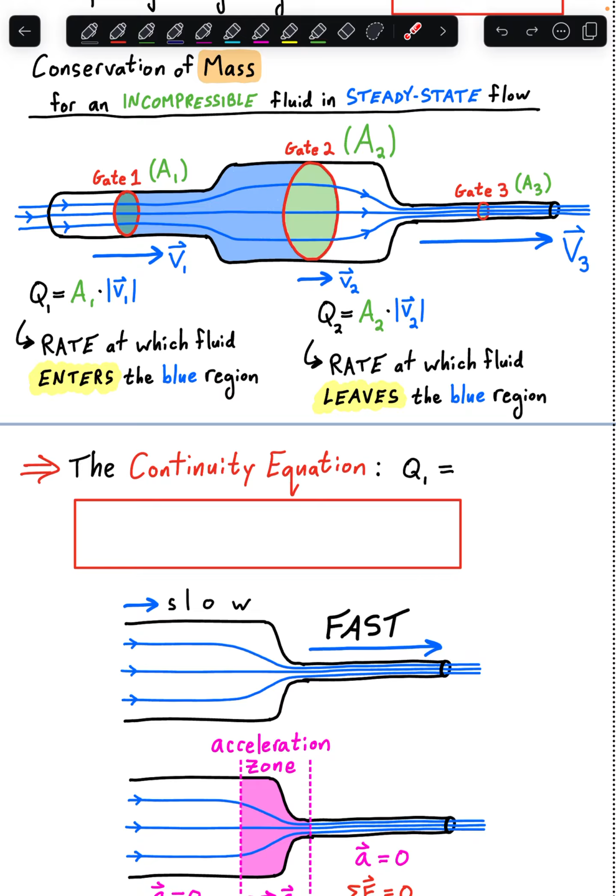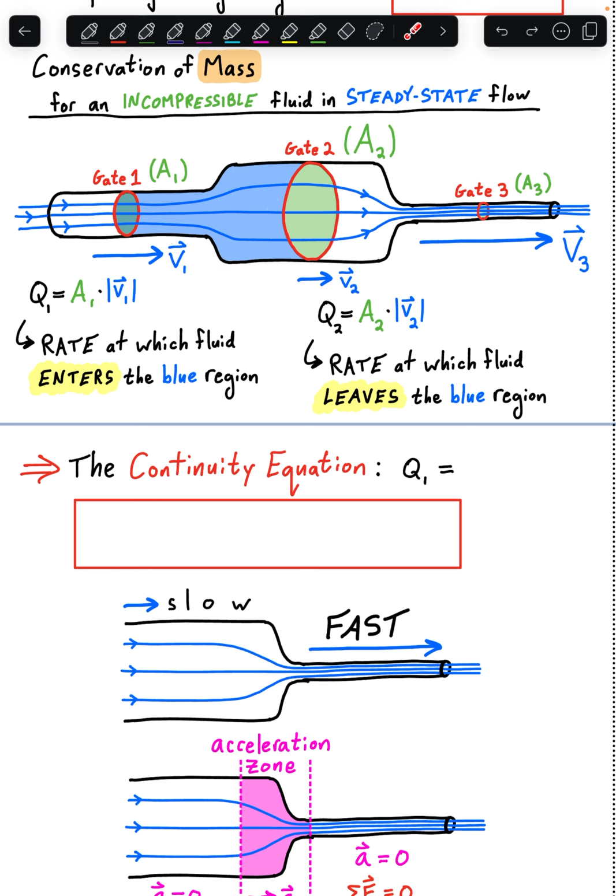So connecting back to our water in the pipe here, that would mean that if the flow rate at gate 1, the cubic meters per second, the gallons per second of water passing through gate 1 did not match the flow rate at gate 2, if there were more gallons per second coming in than gallons per second coming out, then you would be building up a greater and greater volume of water inside that zone.